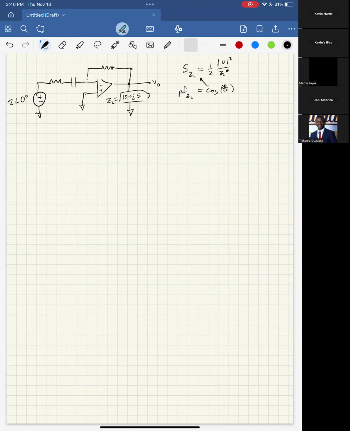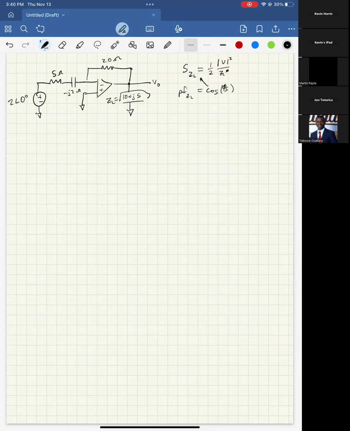So we really just need to find V. That's the only thing we don't have already. So we need to find V out, which means you just have to do the op amp question. I didn't fill in the numbers, so I'll do that now.